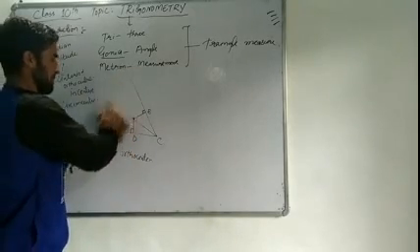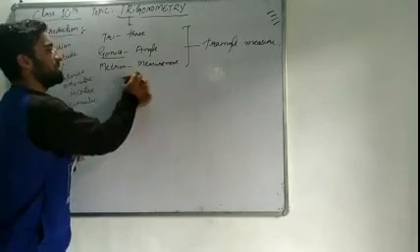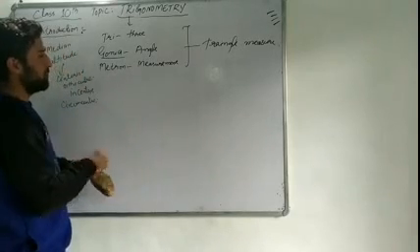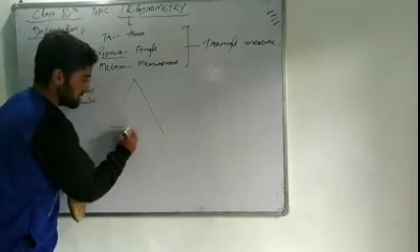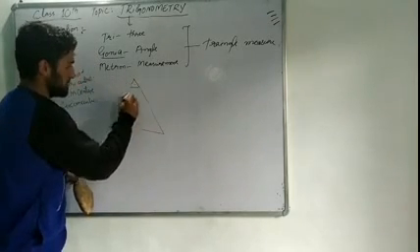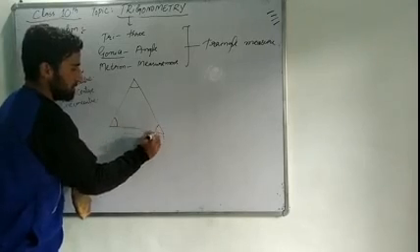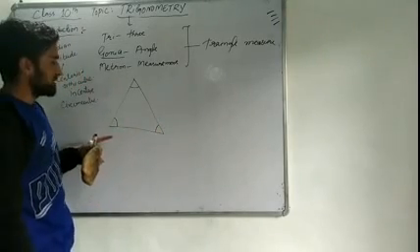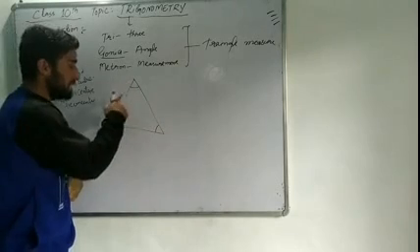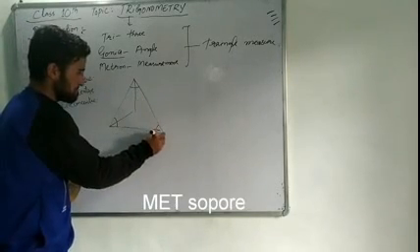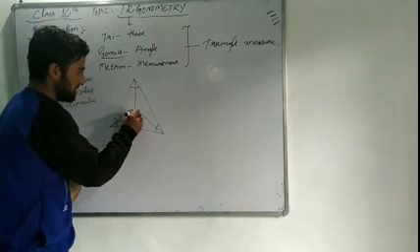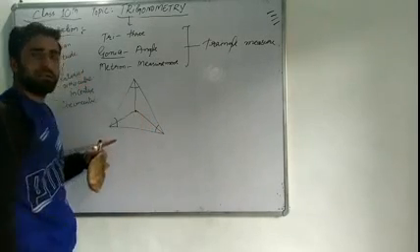Now, what is an incenter of a triangle? Incenter is simply the point of intersection of the angle bisectors. Now these are three angles of a triangle. If we draw the bisectors of the angles of a triangle like this, now these bisectors will meet at some point.